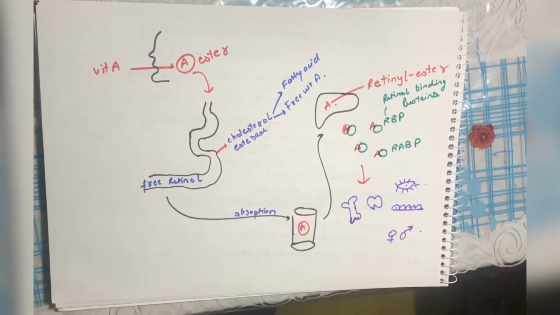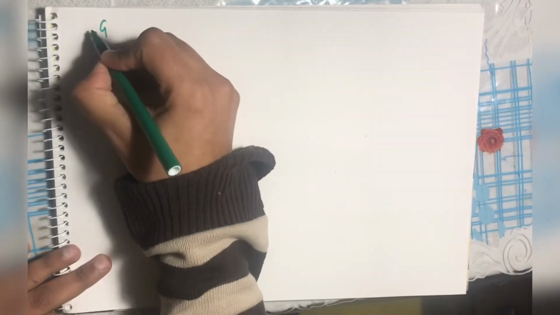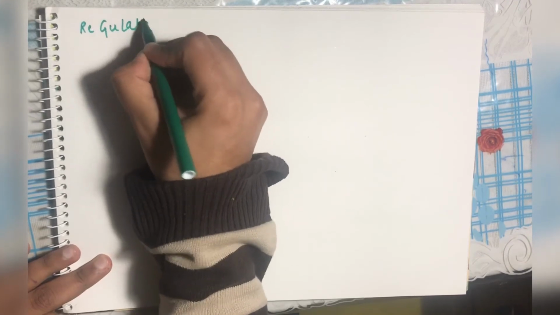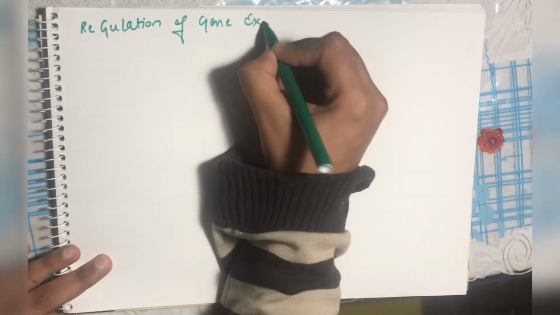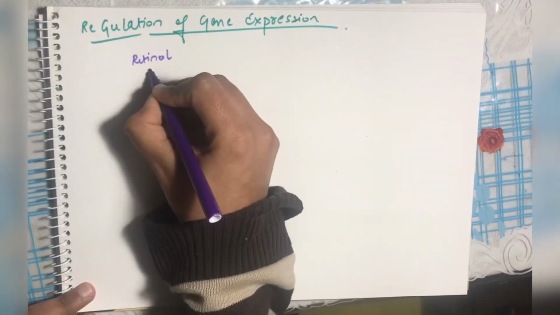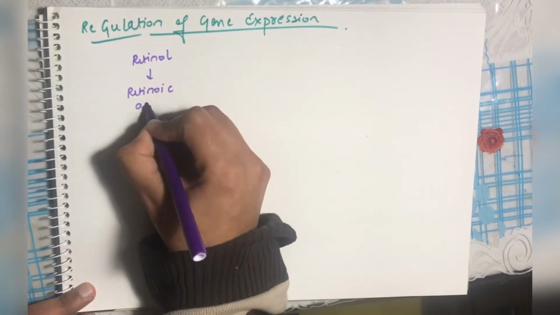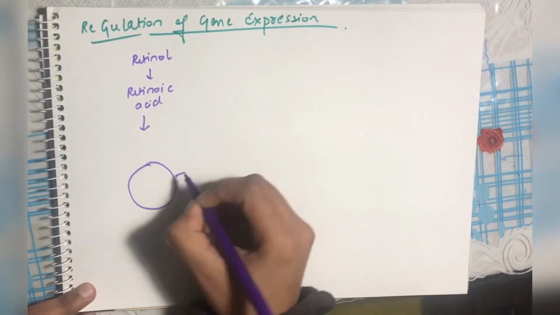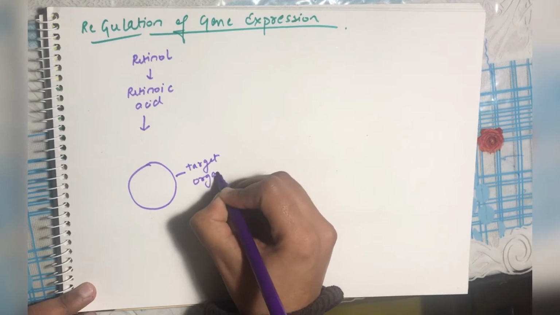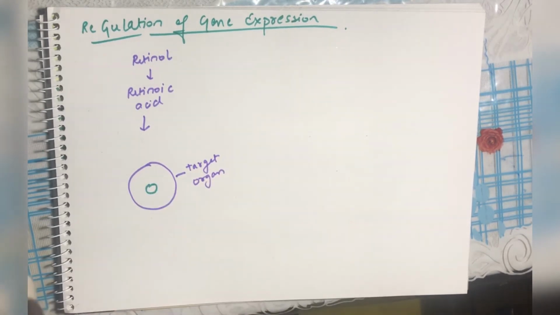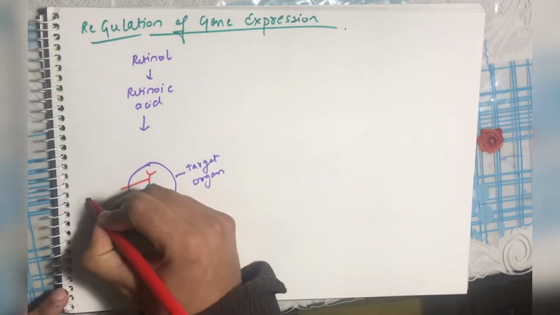If we talk about the regulation of gene expression, it acts via retinoic acid receptors. All trans retinoic acid and 9-cis retinoic acid are transported to the nucleus of the cell, bound to the cytoplasmic retinoic acid binding protein. Within the nucleus, all trans retinoic acid binds to the retinoic acid receptor, that is RAR, and 9-cis retinoic acid binds to the retinoic acid receptor RXR.